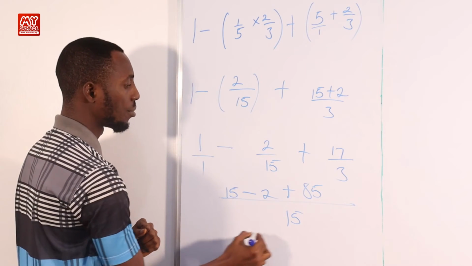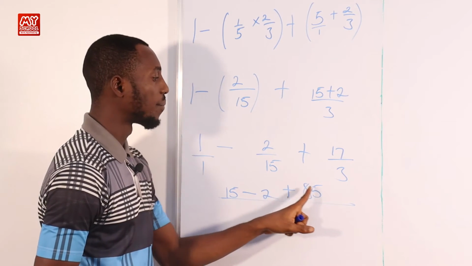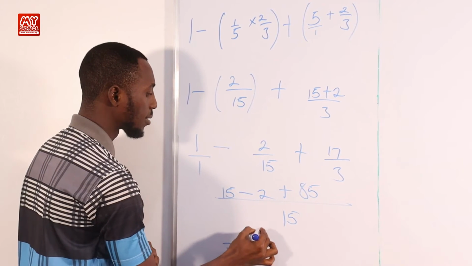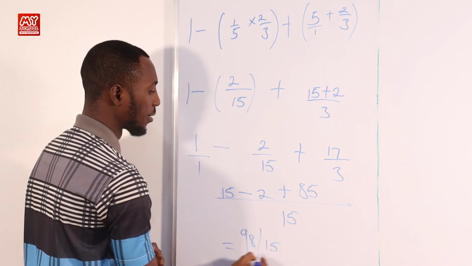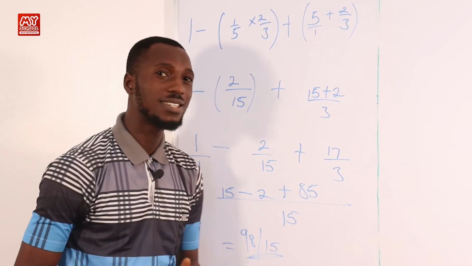So we have 15 minus 2, that is 13, plus 85, that gives you 98 over 15. So that's the correct answer for this question, 98 over 15.